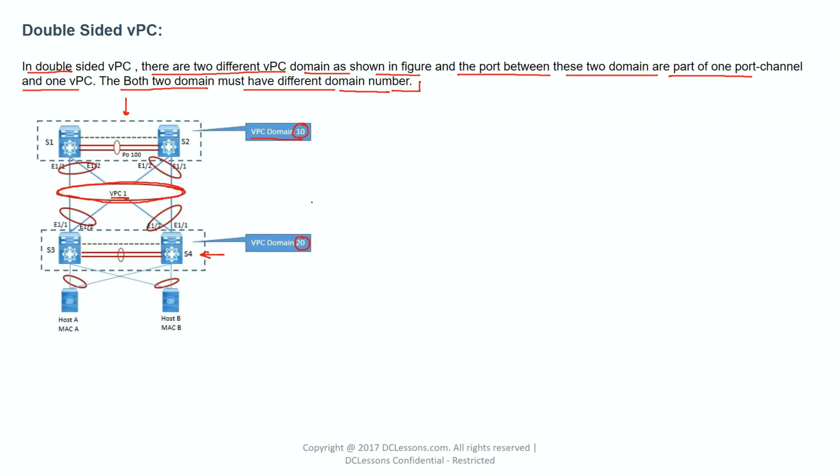So this is your dual-sided VPC. We have VPC domain number 10, and here we have VPC domain number 20. These two VPC domains will be different, and the VPC domain at the bottom is used for active connectivity from the endpoint device to the access layer.